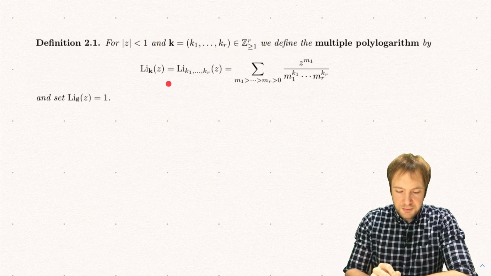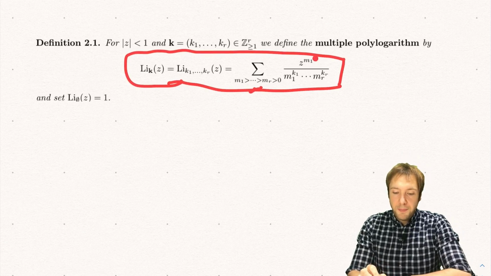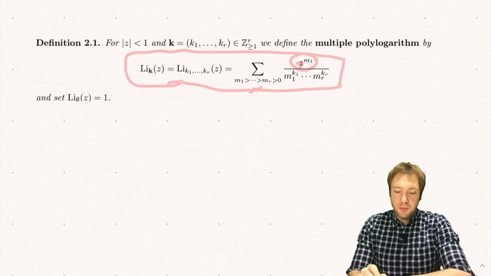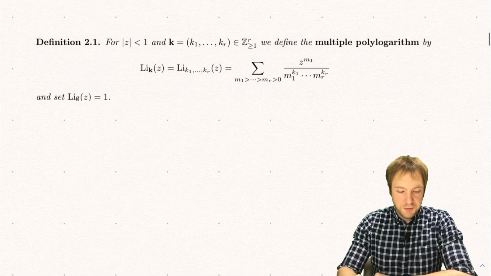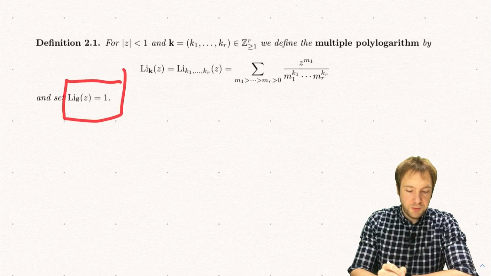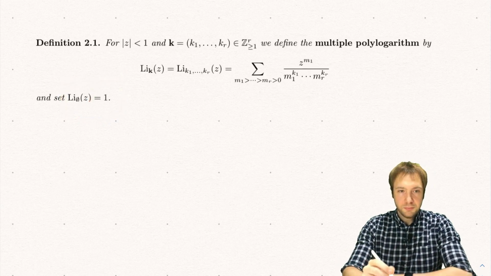And then we define this like this here, so it's just like the definition of multiple zeta value, except that in the numerator we also have z to the power m1, where m1 is the largest of these m's. And also by convention we say that Li of the empty index is just 1.